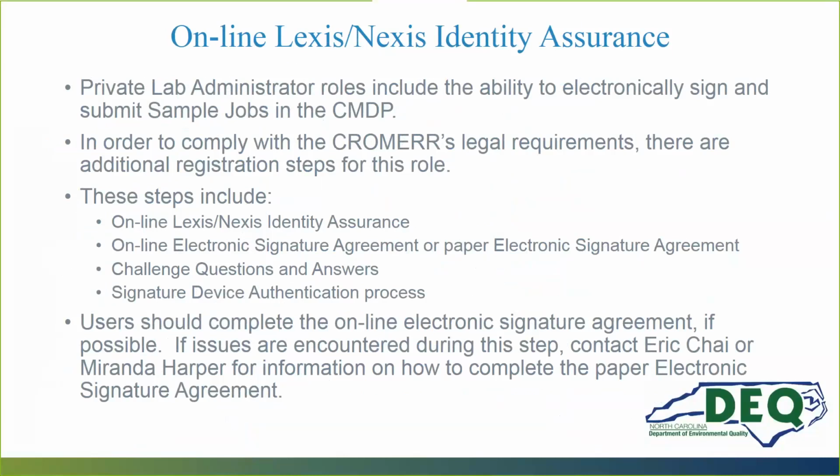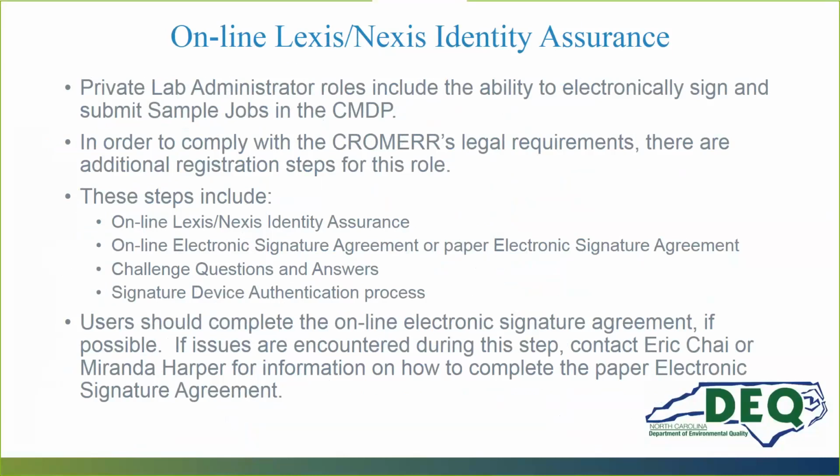So again, we'd like you all to do the online LexisNexis identity assurance if you can. And if you can't, we'll go ahead and do the paper electronic signature agreement. You're going to create these 5 security challenge questions and answers, and it's really important that you remember what those 5 questions are and remember that they go with your electronic signature agreement.